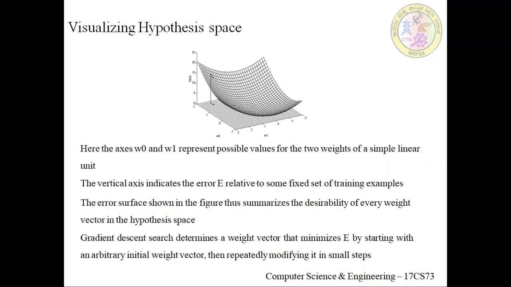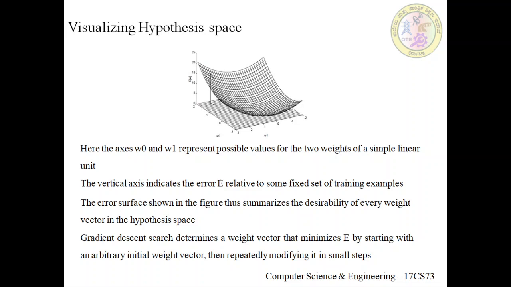Given the way we define E for linear units, this error surface must always be parabolic with a single global minimum. The specific parabola will depend on the particular set of training examples.